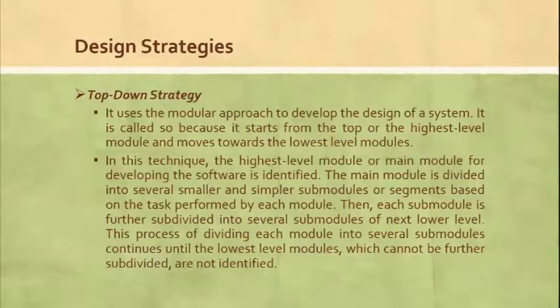The main module is divided into several smaller and simpler submodules or segments based on the task performed by each module. Then each submodule is further subdivided into several submodules of the next lower level. This process of dividing each module into several submodules continues until the lowest level modules, which cannot be further subdivided, are identified.